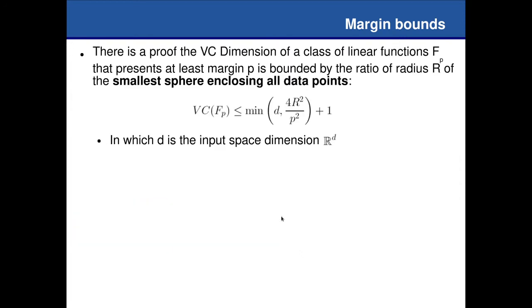Okay, plus 1. With this formulation, it turns out to be easy to observe that maybe our space has, for example, 100 dimensions. And let's suppose my R is equal to 1, and my rho over here, or p if you prefer, is going to be very close to 1 as well.